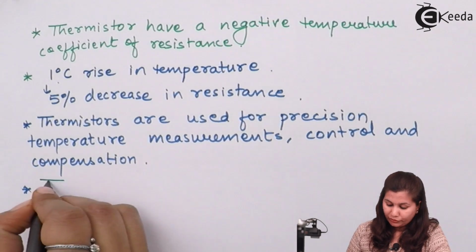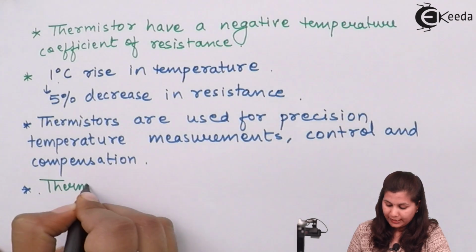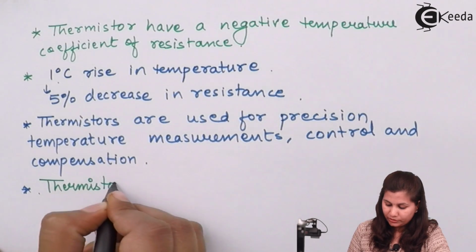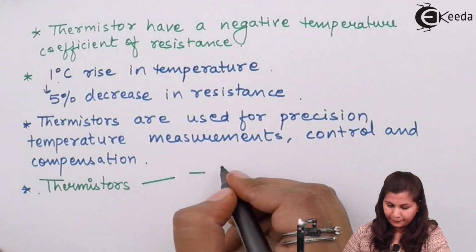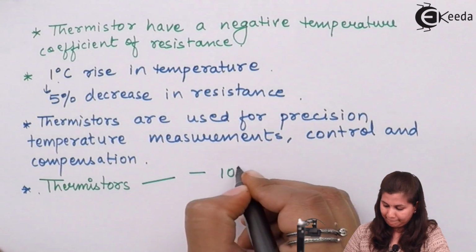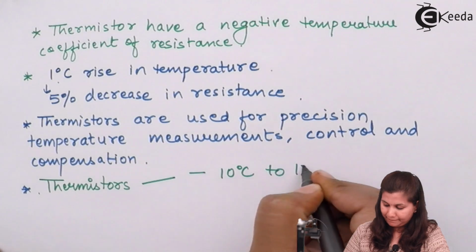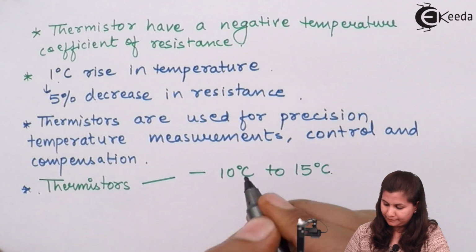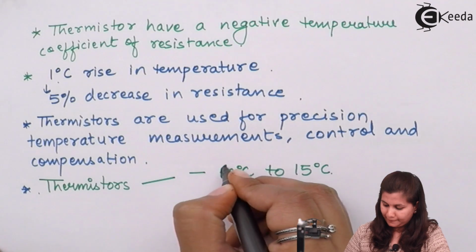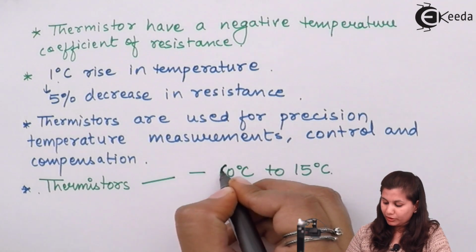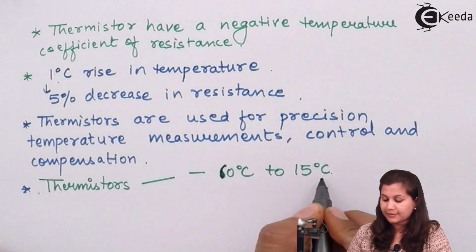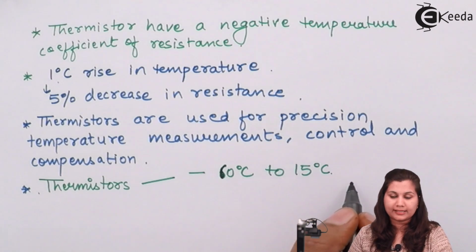Now if we talk about the temperature range over which the thermistors can be used, the thermistors can be used for the temperature range from minus 60 degrees Celsius to 150 degrees Celsius.